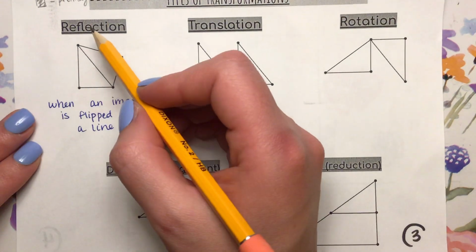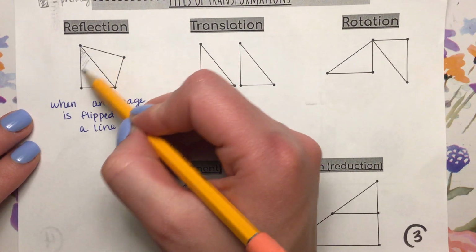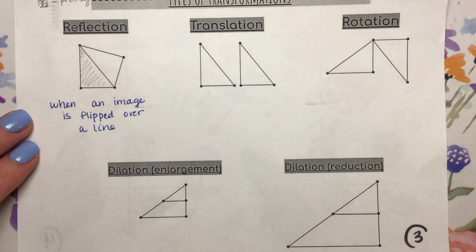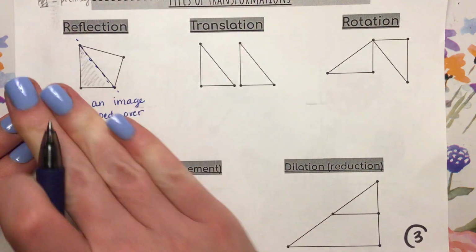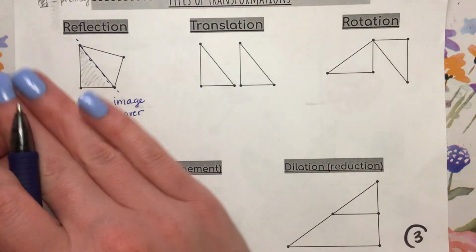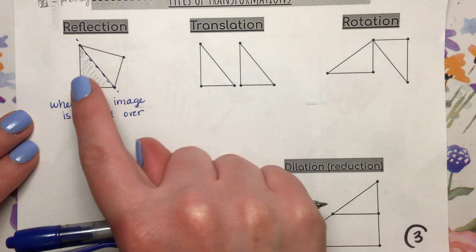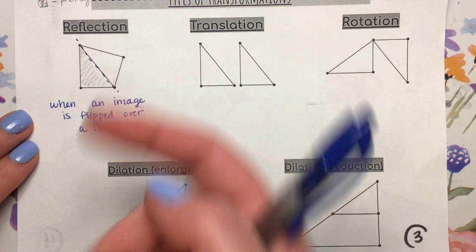Here, with this shaded, the line of reflection is right here. If we were to take that shape and flip it over like a card, it would end up in this new position.